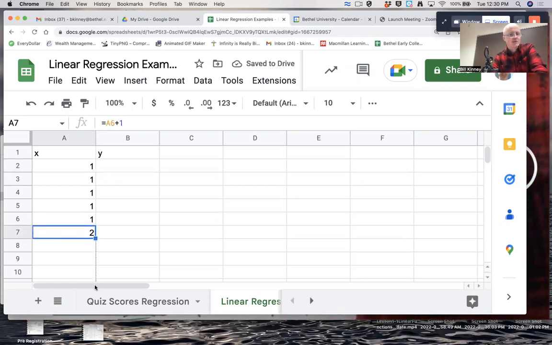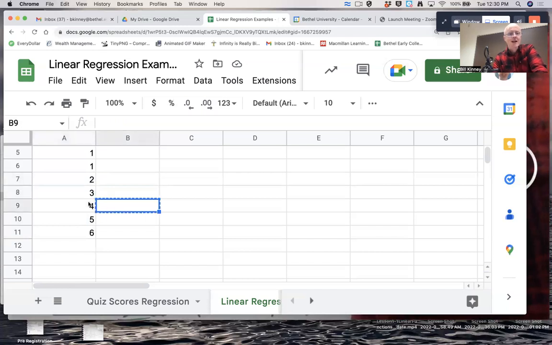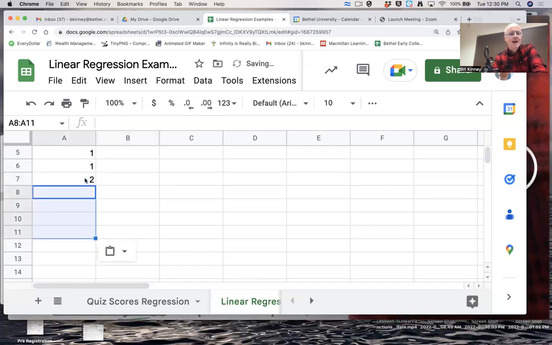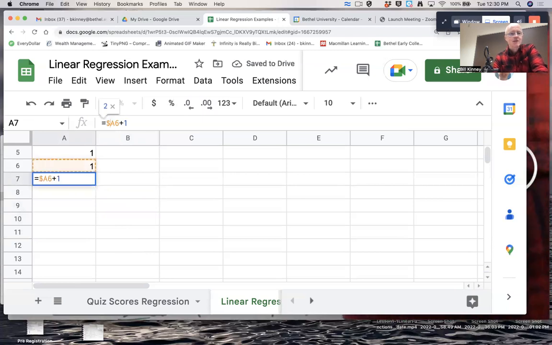Well, let's just do 5 2s as well. Oops, wasn't supposed to do that. That's because I need to paste special, not the formula. Actually, let's do $A$6 there to keep that cell reference fixed. Now I got a bunch of 2s.